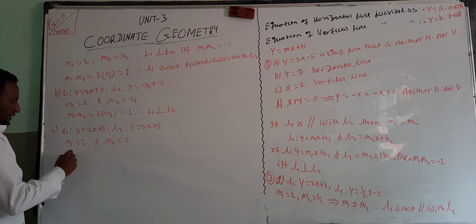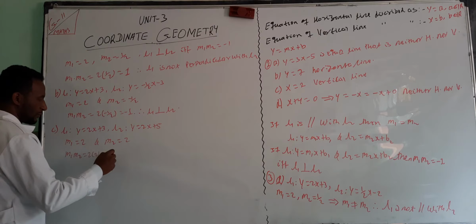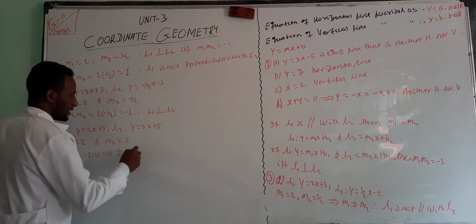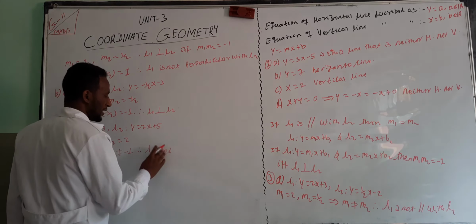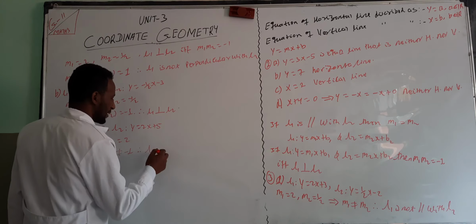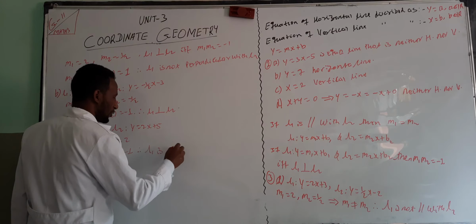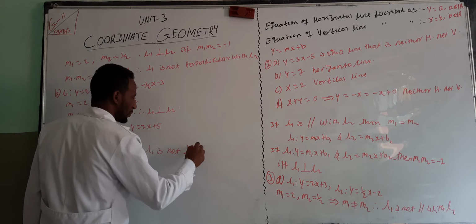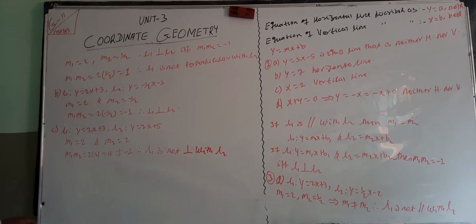Then m1 times m2 is 2 times 2, which equals 4, which is different from -1. Therefore L1 is not perpendicular with L2.